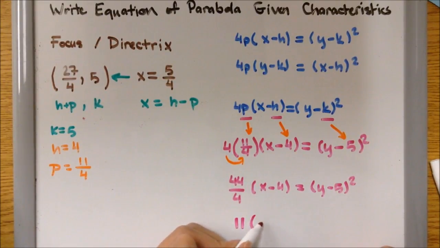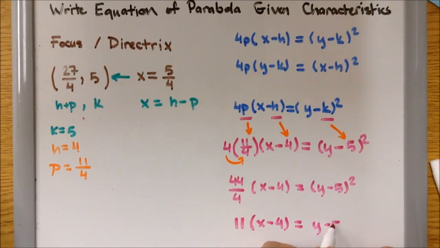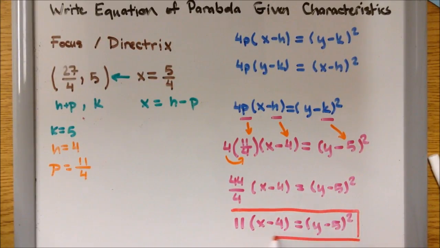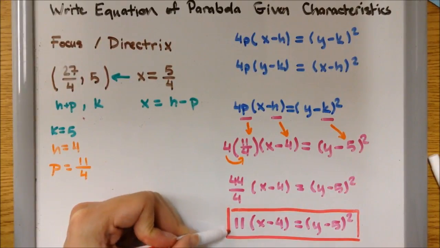And then everything will stay the same, x minus 4 equal y minus 5 with parentheses and square. So that is going to be our final answer, the equation of the parabola. 11 times x minus 4 equal to the square of y minus 5.